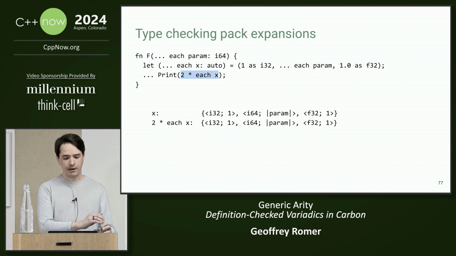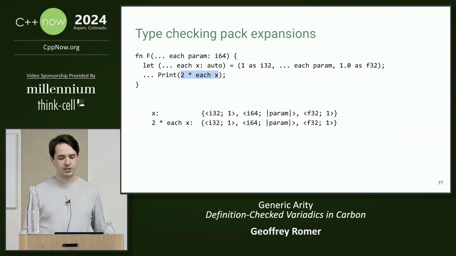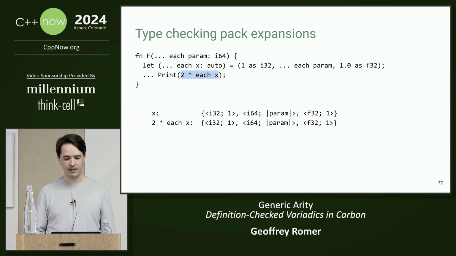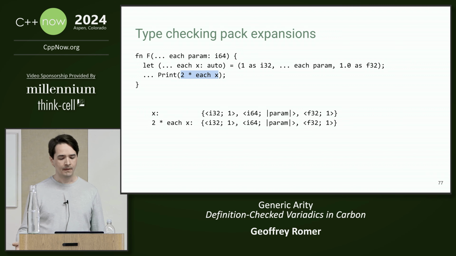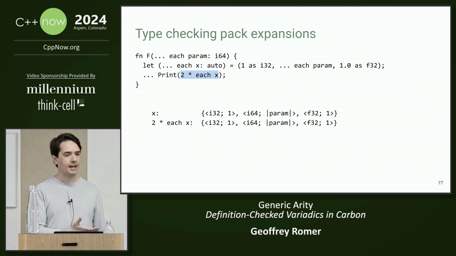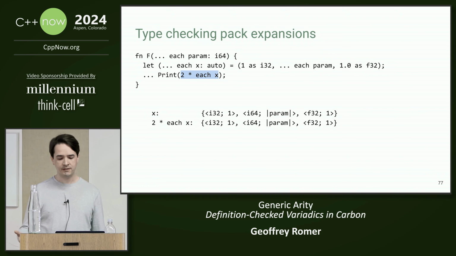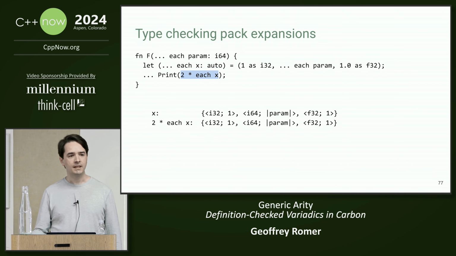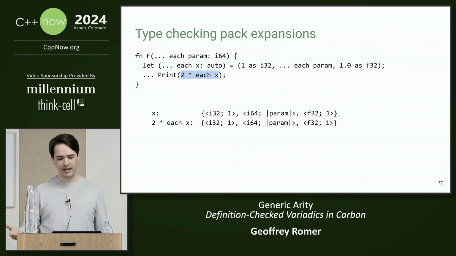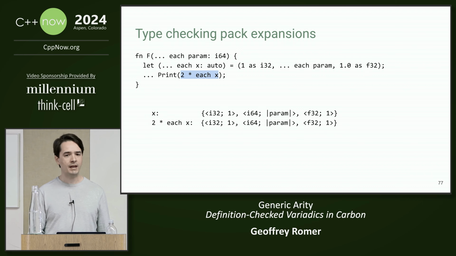We do need to be a little careful here, though. Normally, when we say an expression has a type, that means that you can evaluate that expression and produce a value of that type. But that's not the case here. This pack expansion is going to execute this whole statement in a loop. So we evaluate this expression once, pass the result to print, evaluate it again, pass the result of that to print, and so on. So the different values of this expression don't even have overlapping lifetimes.